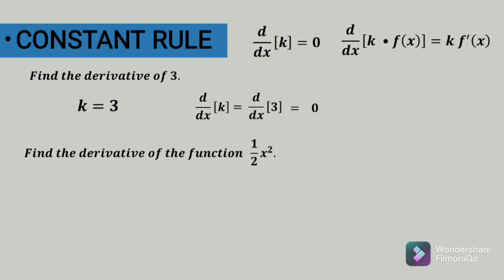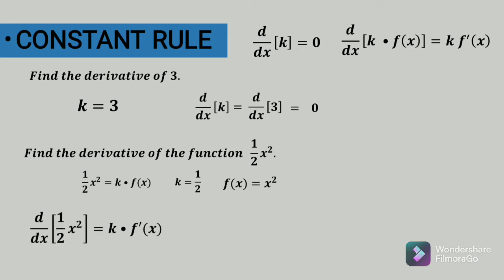The second problem: find the derivative of the function 1/2 times x squared. The given expression is 1/2 x squared. This expression is in the form of k times f of x, where k is equal to 1/2 and f of x is equal to x to the power of 2. So let's apply the constant multiple rule.